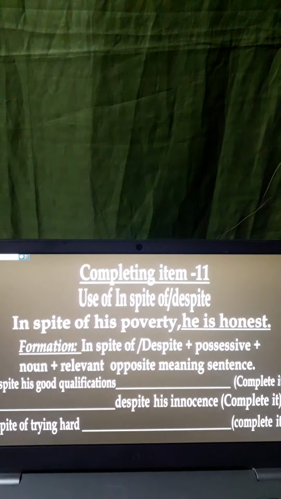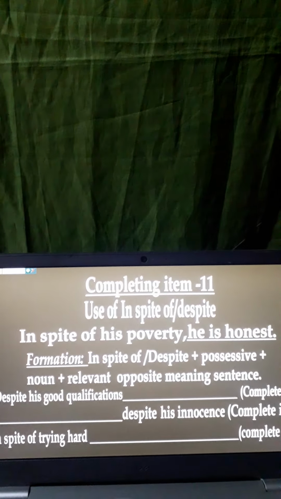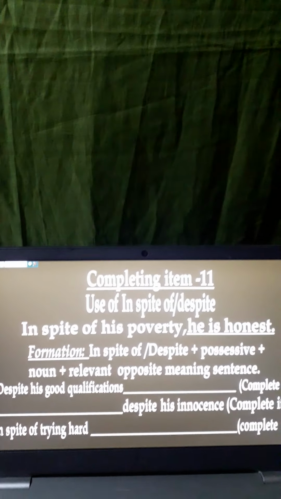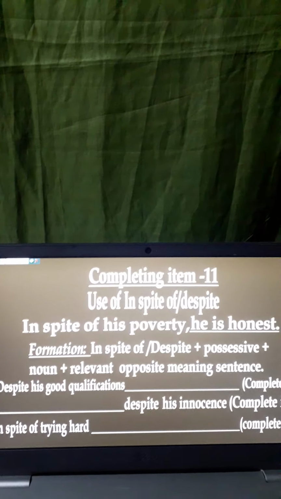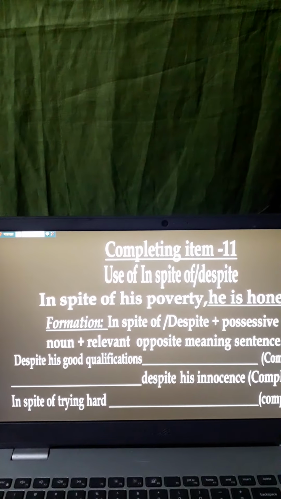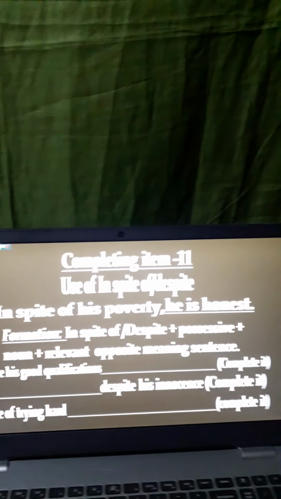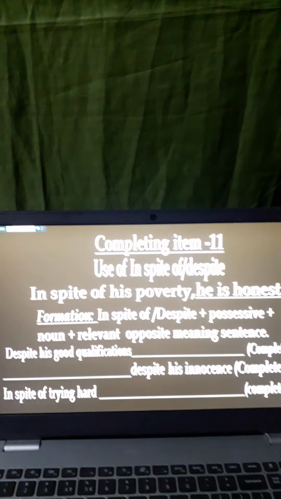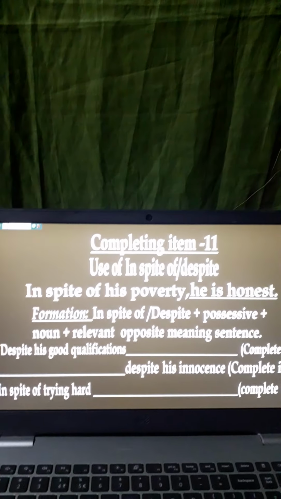Completing item 11. Use of in spite of or despite. In spite of his poverty, dash, he is honest. Formation: in spite of or despite plus possessive plus noun plus relevant opposite meaning sentence.